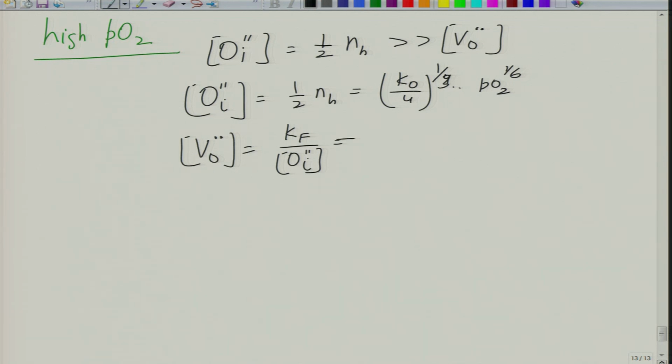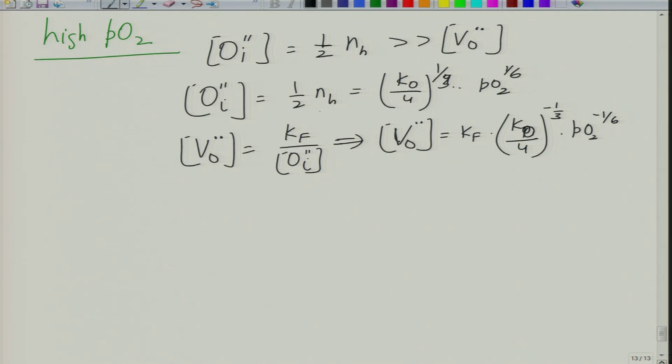If you do that, we can form an expression for VO, which will be equal to KF into KO divided by 4 to the power minus 1 over 3 into PO to the power minus 1 over 6. That is how it will vary.